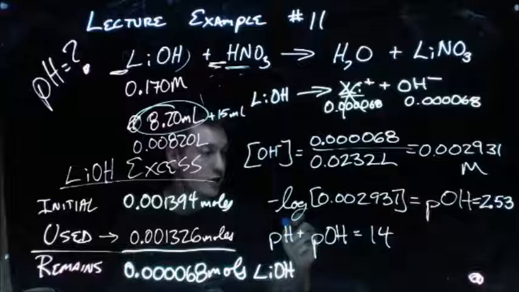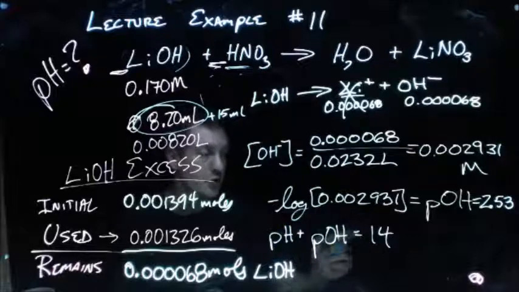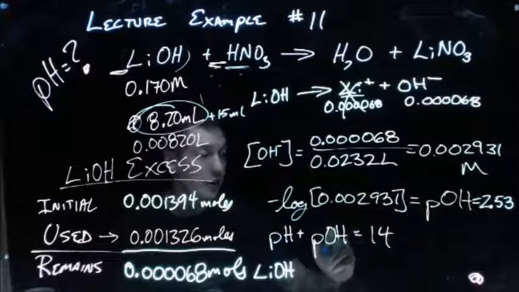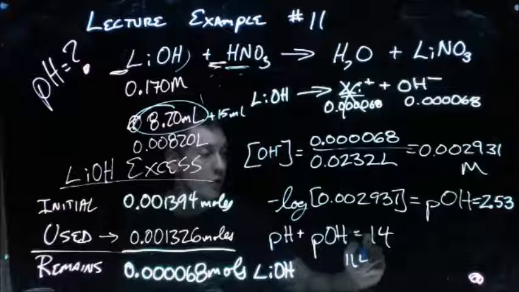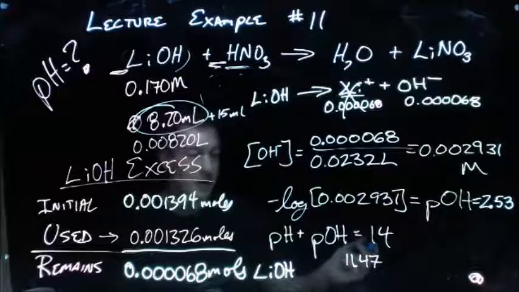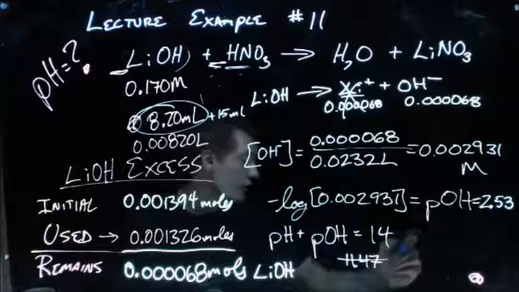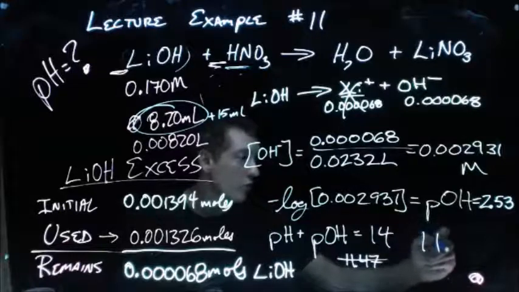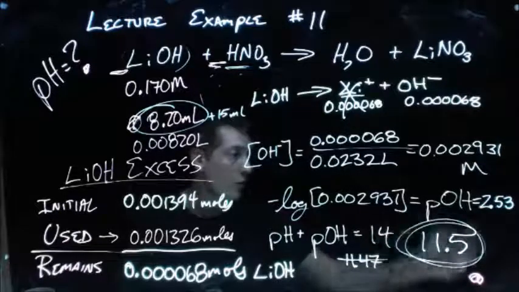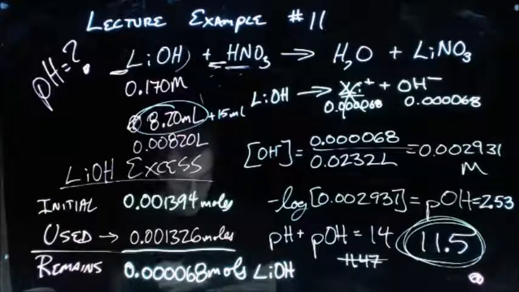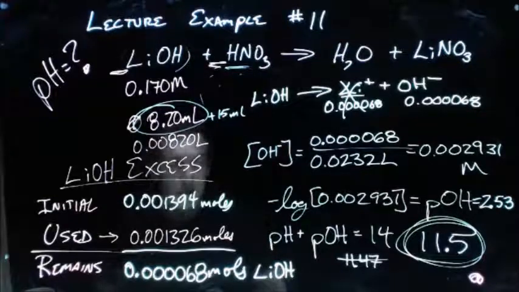And so that means 2.53 plus something equals 14, and that something is going to come out to be 11.47. And I think we want this as 3 sig figs, so our answer here is going to be 11.5 for a pH. All right, so that is number 11.